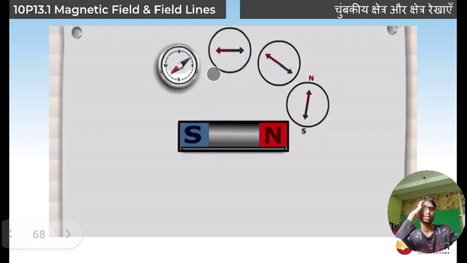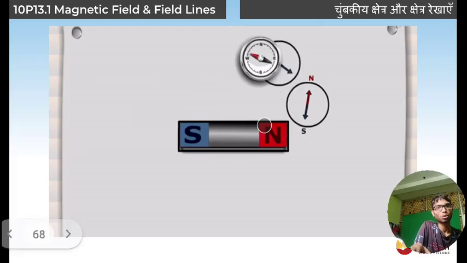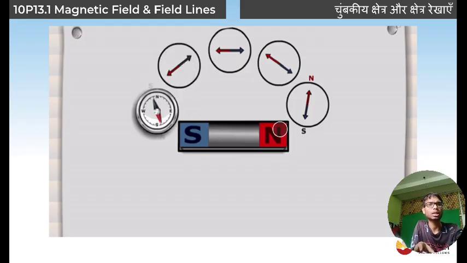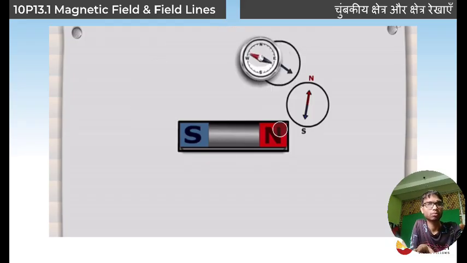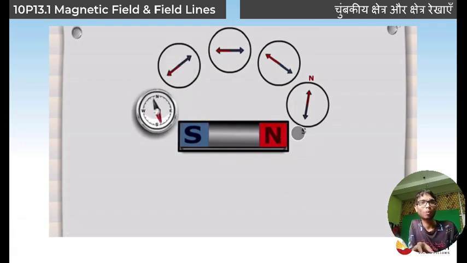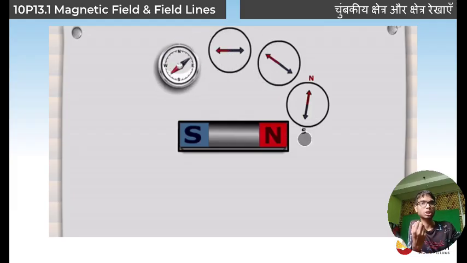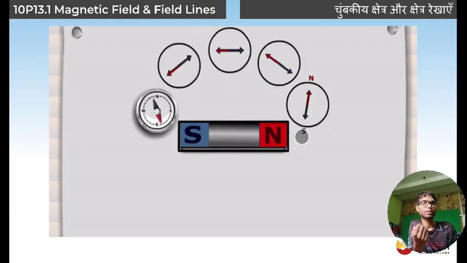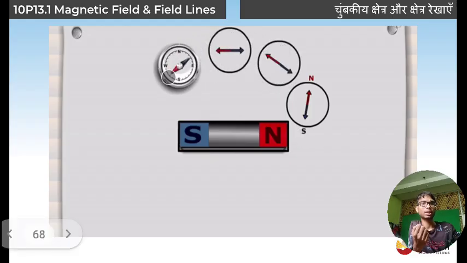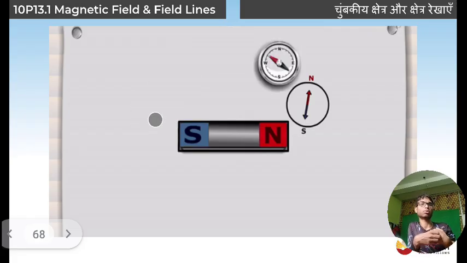So this is a diagram. Here we can see north and south will attract each other. If you take the same pole, north and north, then both will repel each other. So here it is telling you that both are different because both are attracted to each other. As it comes like that, both attract each other.